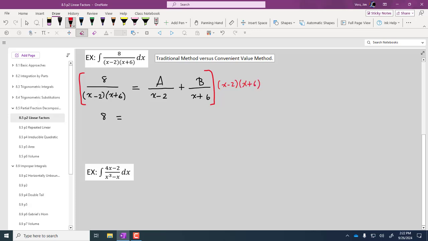So when we multiply the left side, it wipes out the denominator. When we multiply on the right side, that whole expression there is going to be distributed. It's going to be distributed to the a fraction and the b fraction. When it distributes over to the a fraction, the x minus 2 in the denominator will cancel with the x minus 2 in the numerator, giving us a times x plus 6.